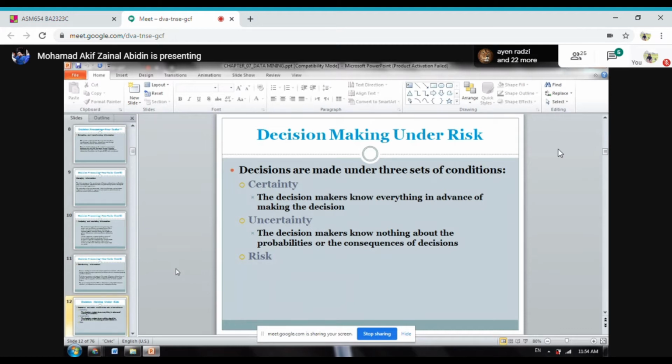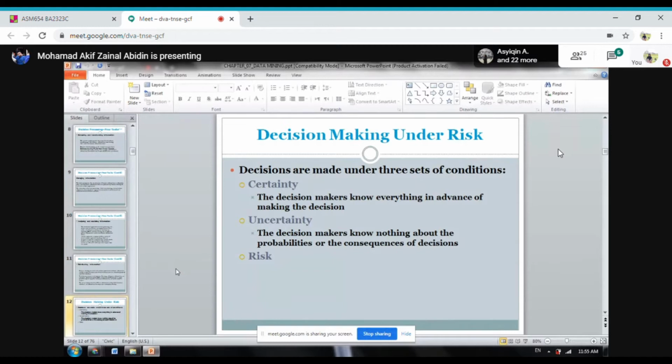However, if you go for uncertainty, that refers to things that are unknown. What you can do is just predict based on the previous data that you have. If you have high uncertainty in making decisions, the risk will be higher. If most of the information is certain, the risk will be low.